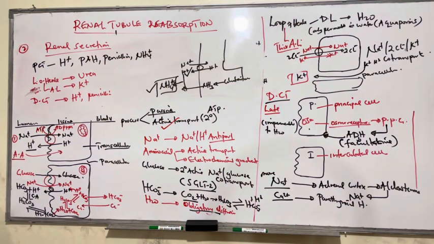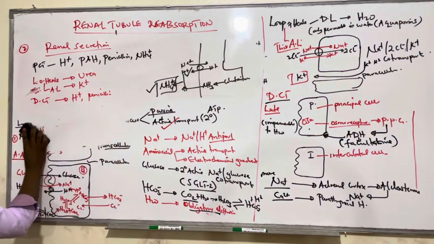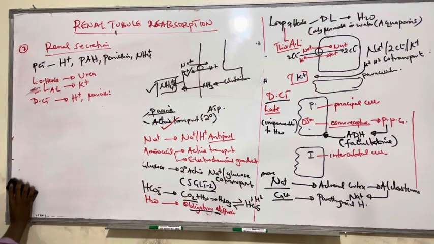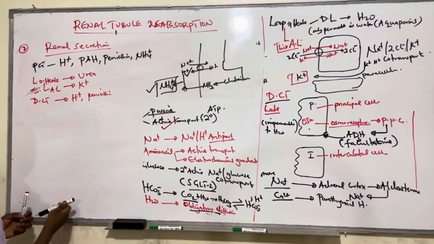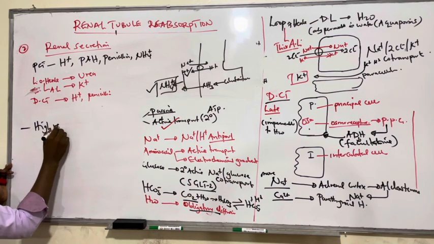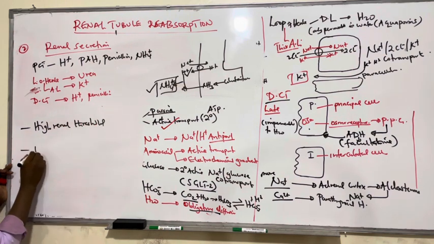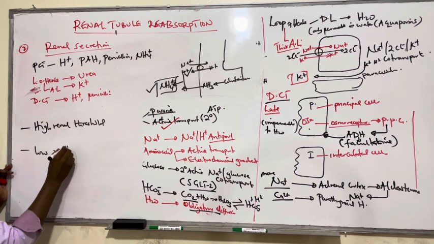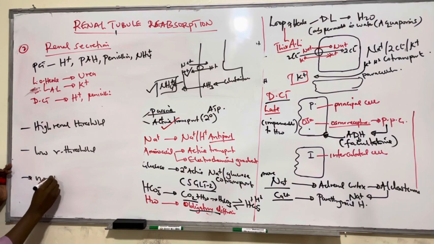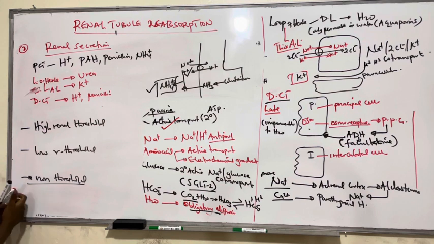And as we conclude, there is also another topic we can talk about here. The substances which are being reabsorbed are categorized into three: high renal threshold substances, low renal threshold substances, and non-threshold substances.